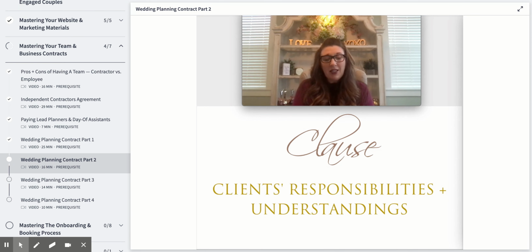The next and final bullet point in this section is if the client's assigned consultant should become materially or physically incapacitated, such as due to an injury or severe illness or unexpected circumstances prohibiting the consultant from performing the services under this agreement for any reason, the consultant shall be entitled to provide the client with a substitute planner or coordinator of reasonably similar experience.